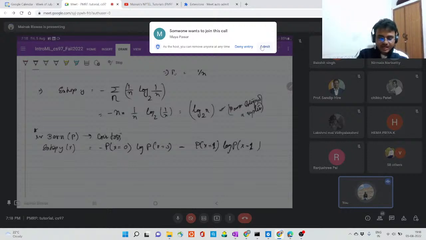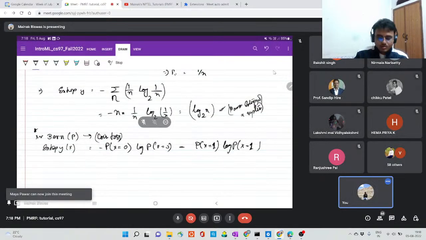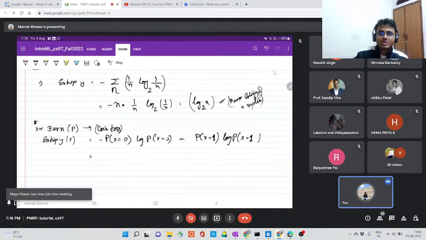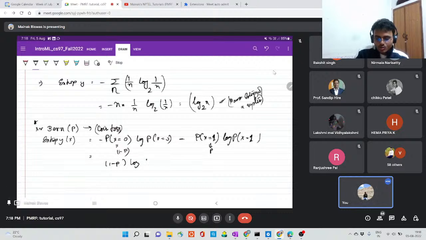Any time you have a doubt, you can stop me. I'm doing just the basics of probability, elementary probability. You will just replace, let this be equal to 1 minus p. So this is the definition and this is p. So 1 minus p log 1 minus p, or rather I'll put a plus here and a minus outside, p log p.